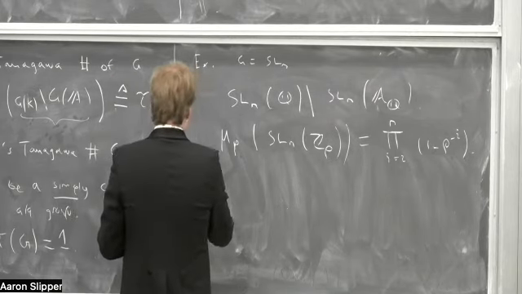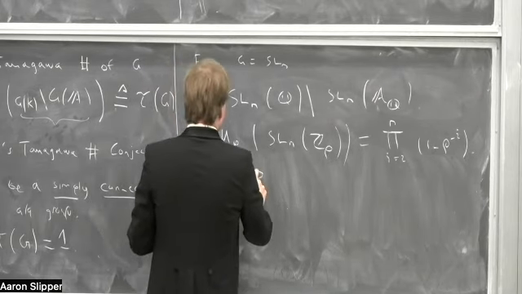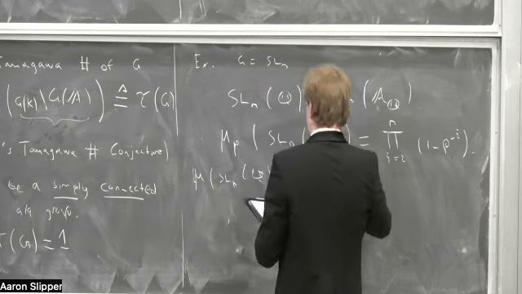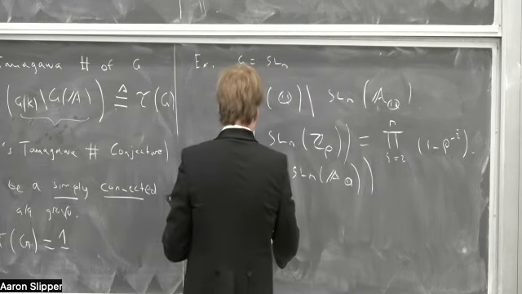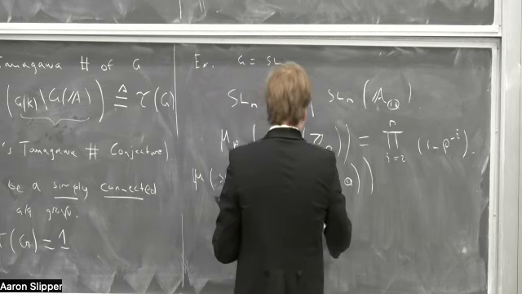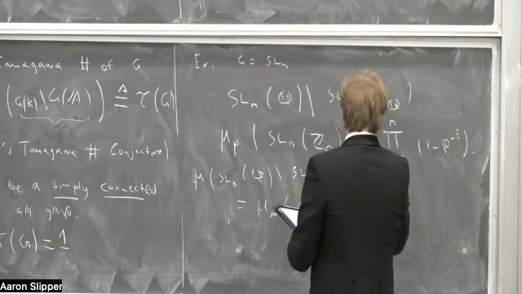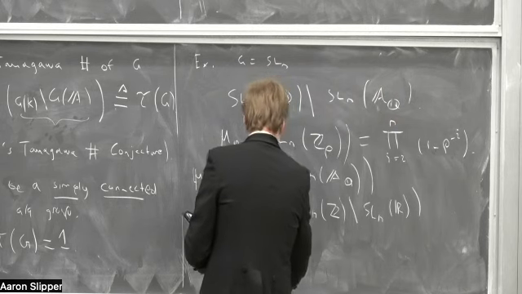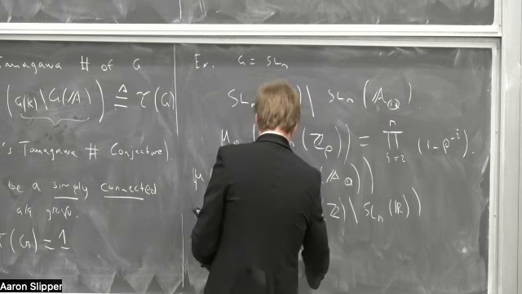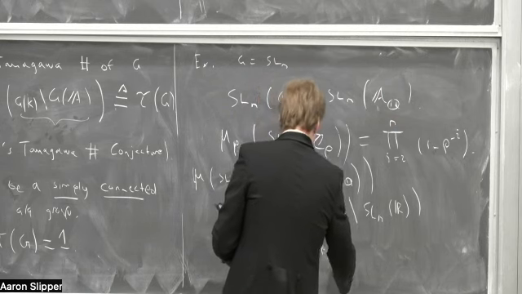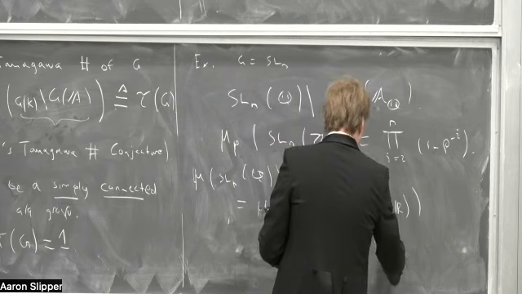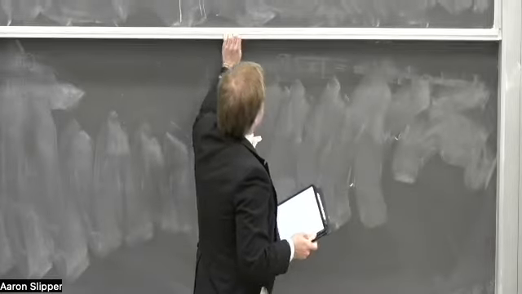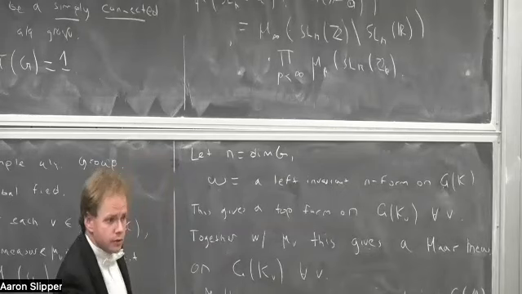We have mu of SL_N(Q) mod SL_N(A_Q) is equal to mu infinity of SL_N, this is from the so-called strong approximation theorem, times the product over the finite primes, so breaking it up into its Archimedean and non-Archimedean components.